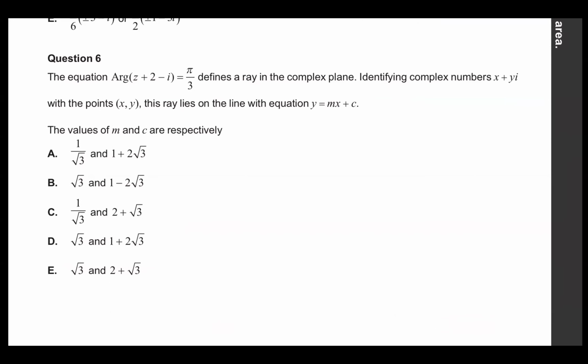Question 6, we need to convert an equation of an arg into the Cartesian form y equals mx plus c. So what you can actually do with your CAS calculator is you recognize z equals x plus iy and just solve for this y.